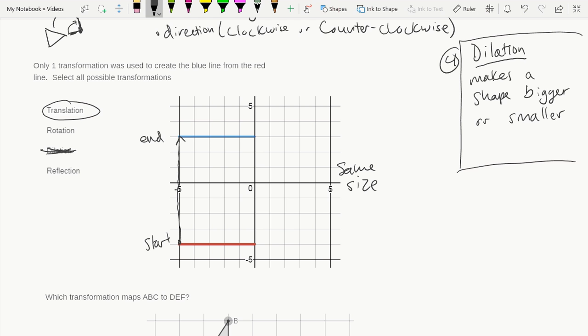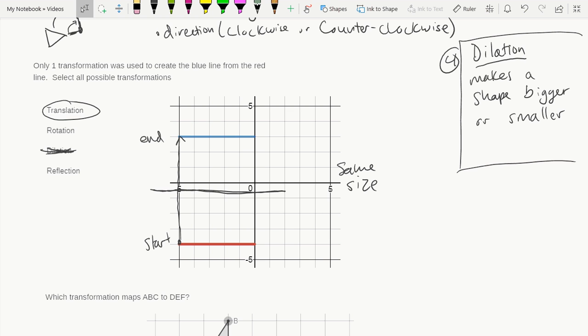I think a lot of us would see that if I reflected, now reflections are interesting because I have to have my line of symmetry. So my line of symmetry would actually be here for reflection. Now you're like, Mr. McSparron, how do I know where the line of symmetry is?